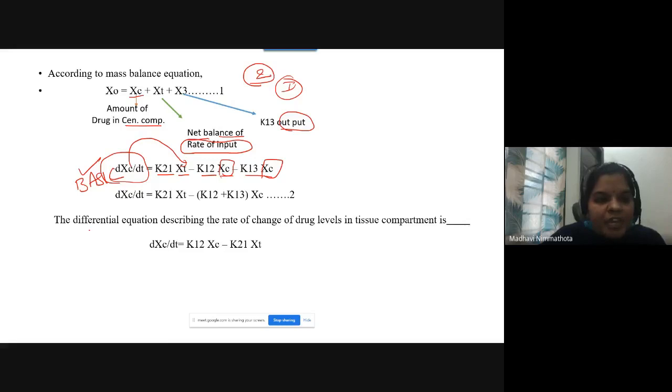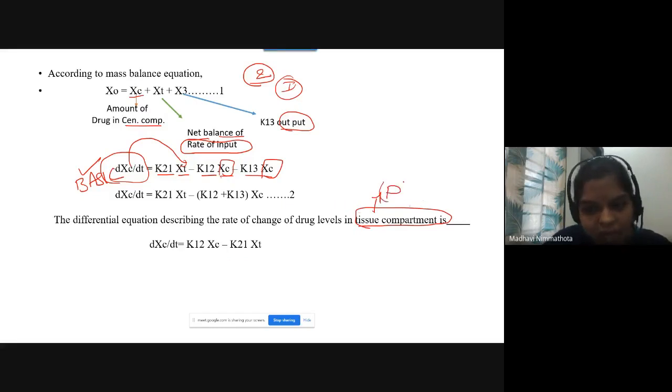Then the differential equation describing the rate of change of drug levels in the tissue compartment. Then the equation becomes, here there is no elimination. We are talking about the tissue compartment, that is nothing but peripheral here.